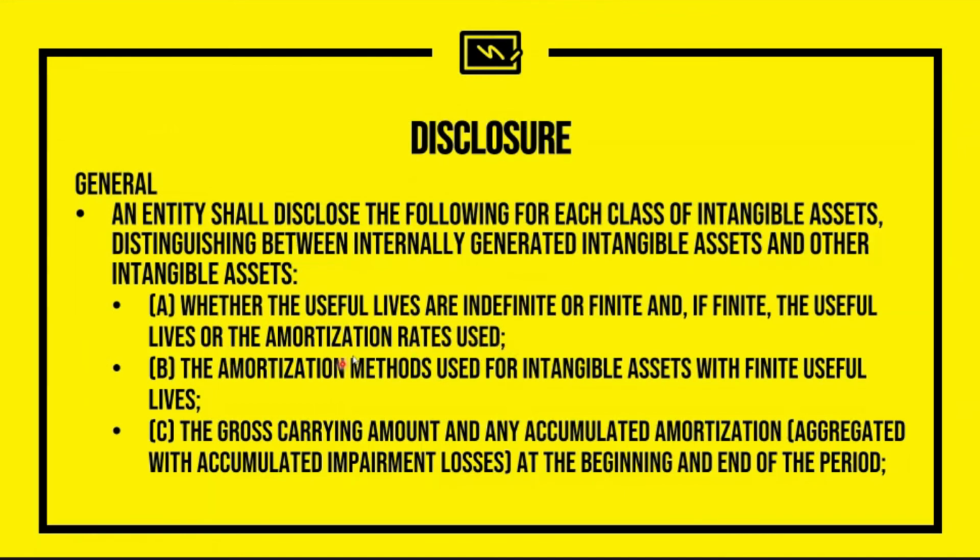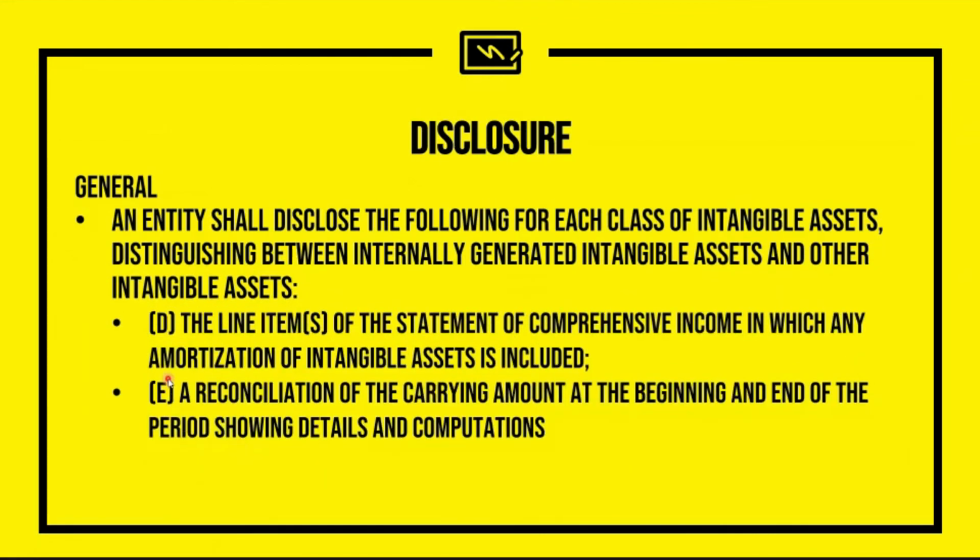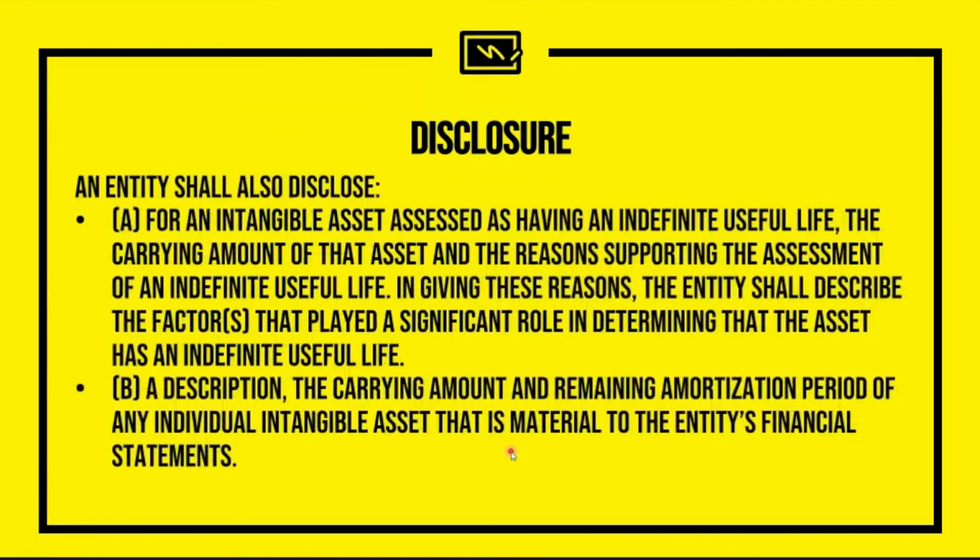So similar to the depreciation rates and the depreciation based on useful life. Amortization method, gross carrying amount. Okay? Line items and reconciliation of the carrying amounts from beginning and the end, showing the details and computations. Okay, so those are the same as the general disclosures for PPE.